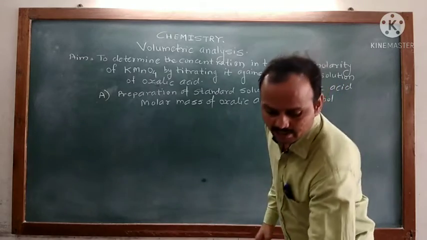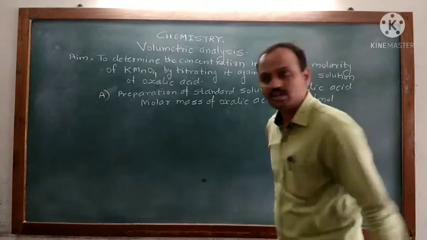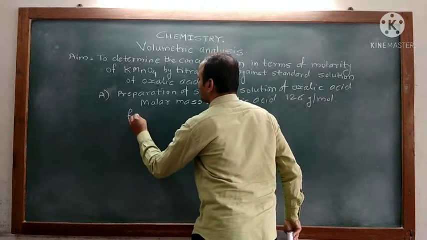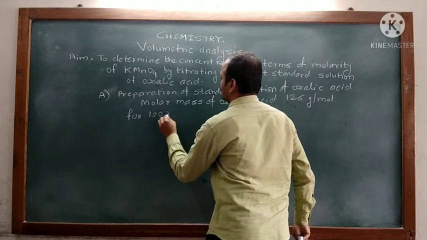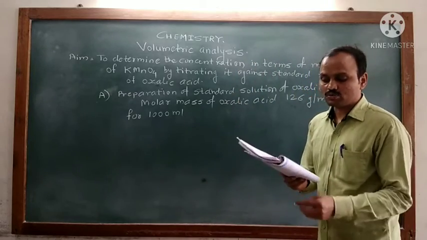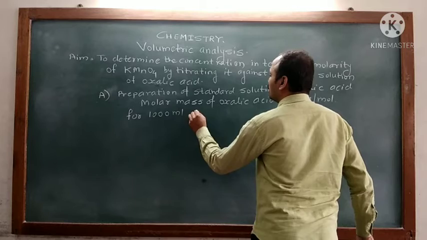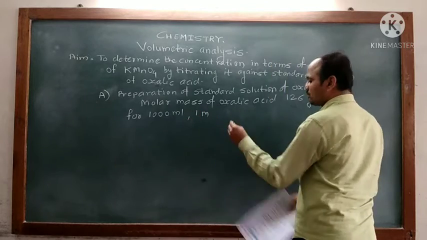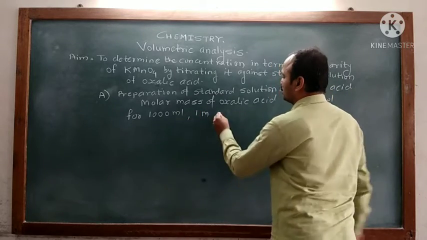So I will write the same for 1000 ml: 1 mole, 1 liter, 1000 ml, 1 molar oxalic acid solution.